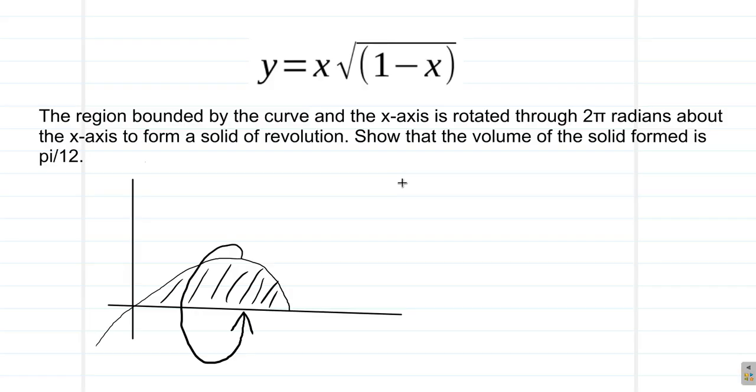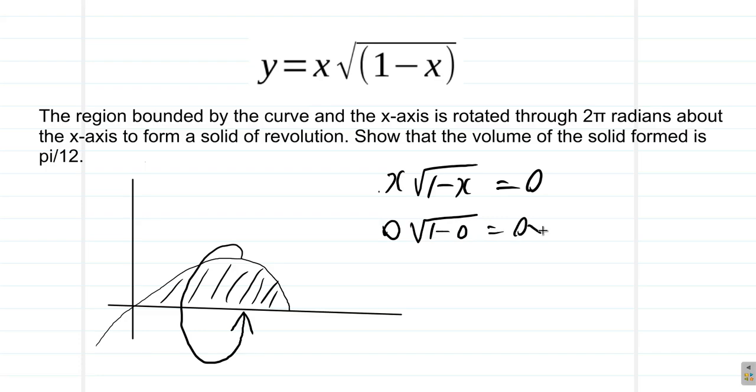Remember, the x-axis is where y equals 0. So we could say x times the square root of 1 minus x equals 0. Where does it equal 0? Well, x might be 0, or x might be 1, because if x is 0, then we have 0 times the square root of 1 minus 0, which is 0 times 1, which is 0.